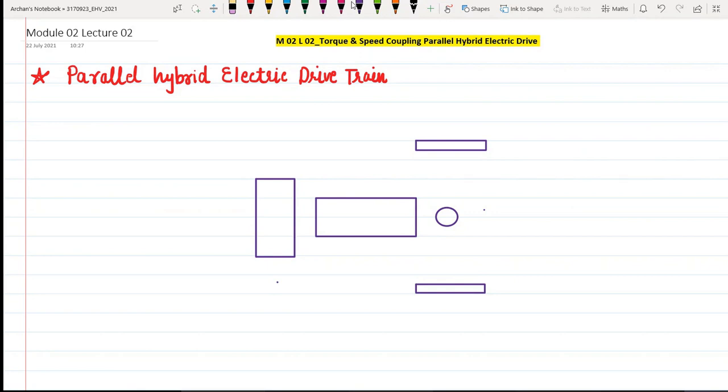This is my mechanical transmission, and it is connected mechanically to this drive.